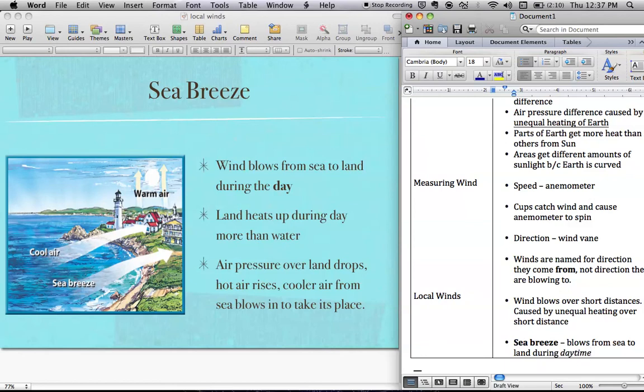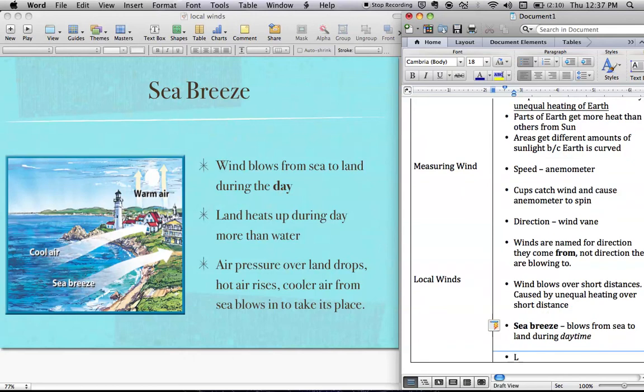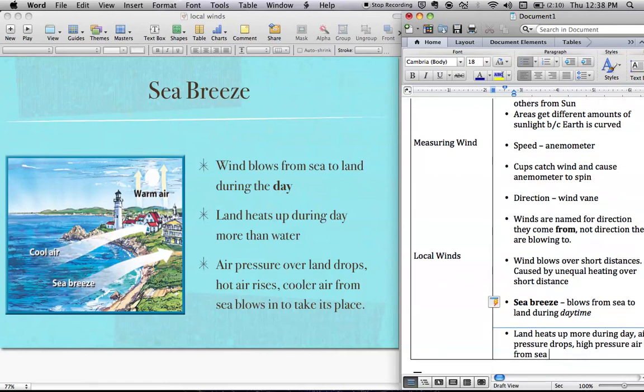And the reason this happens is the land heats up more during the day and the air pressure drops, right? We know from our lab that soil heats up faster than water. So the land over here gets hot, air pressure drops, and then high pressure air from the sea moves to the land, right?